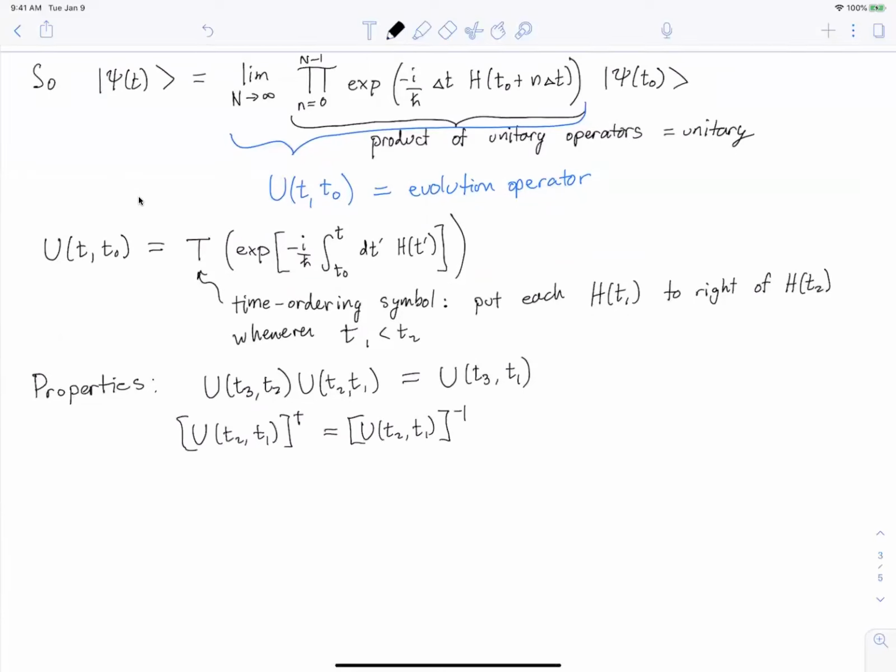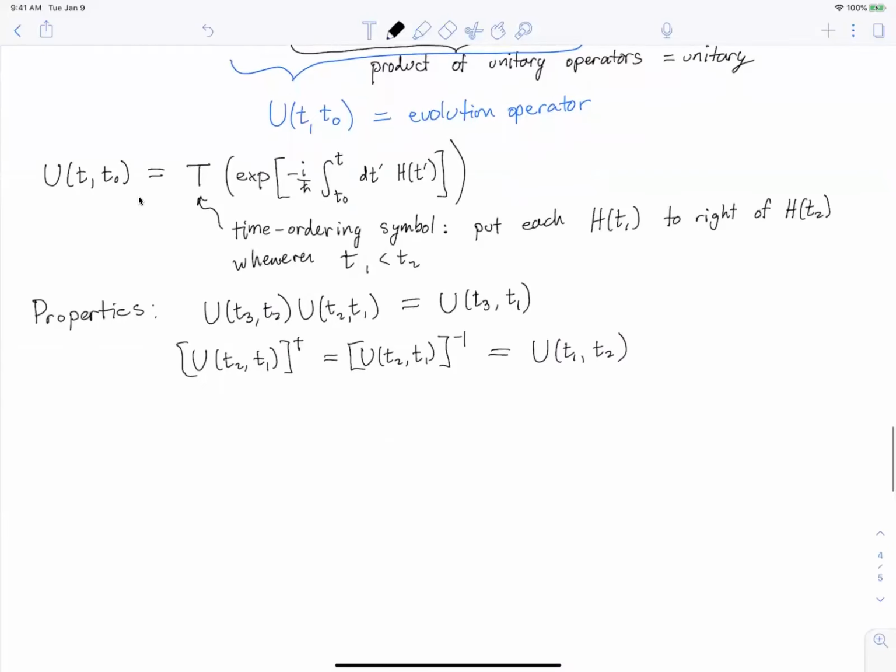That's saying it's unitary, but now there's a bonus which says this is also equal to U(t1, t2). Okay, and so what is the physical interpretation of that? That's saying if we evolve from t2 to t1, that's the same thing as the inverse of evolving from t1 to t2, which is just what you'd expect. Going forward in time is the inverse of going backwards in time.